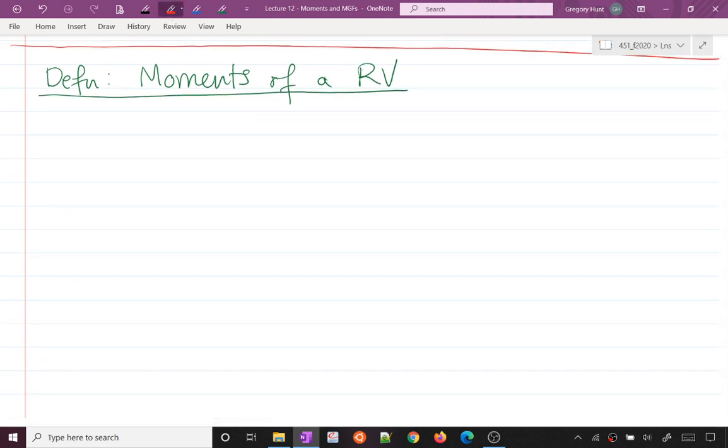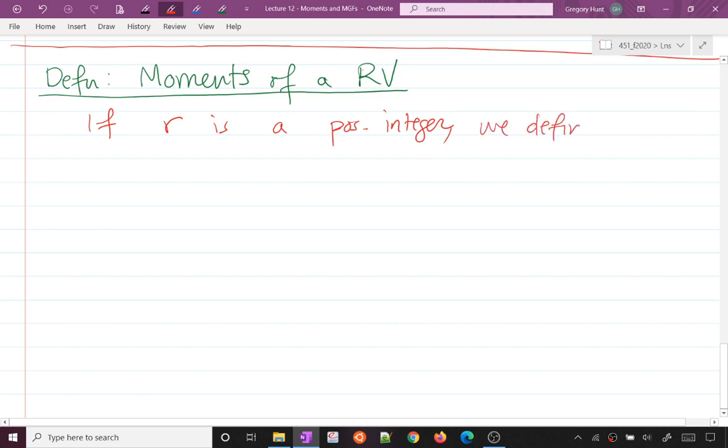So here's our definition. If we have some integer r, so r is a positive integer, natural number, 1, 2, 3, 4, etc. We define what we're going to call the rth moment of a random variable x.